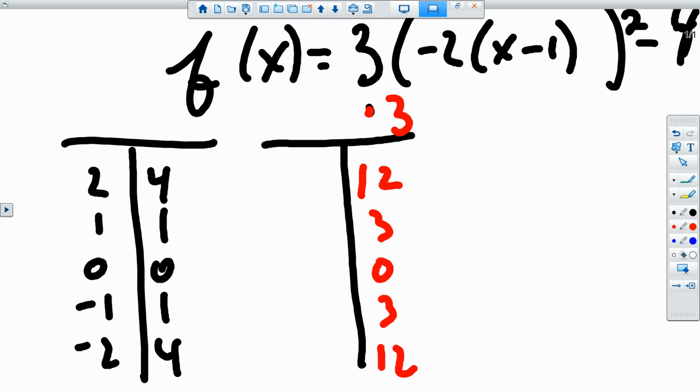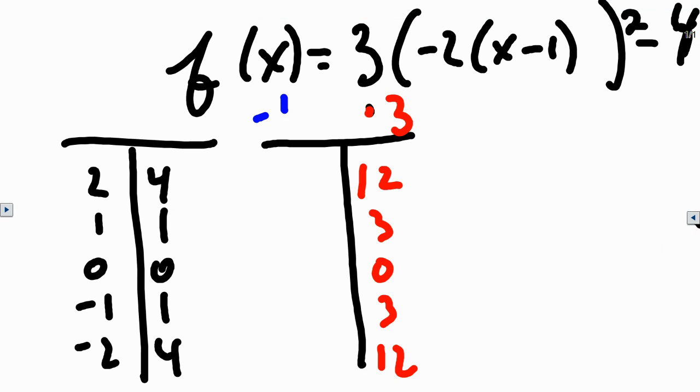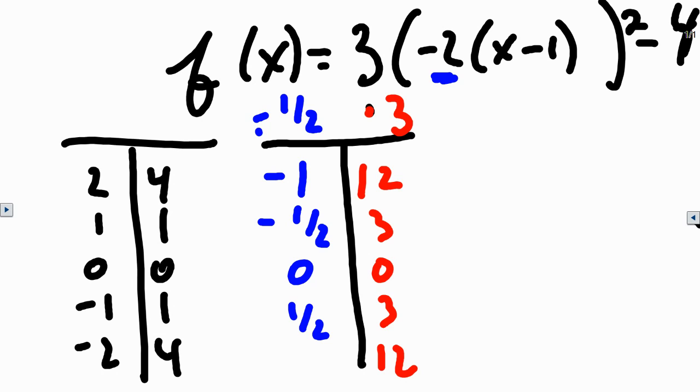And then a horizontal dilation by a factor of -1/2, because this -2 in here, inside the whole mess that's happening, whether it's inside an absolute value bar or inside the whole thing that's being squared, that would be multiplying the x values by -1/2. So -1, -1/2, 0, 1/2, and 1, like so.